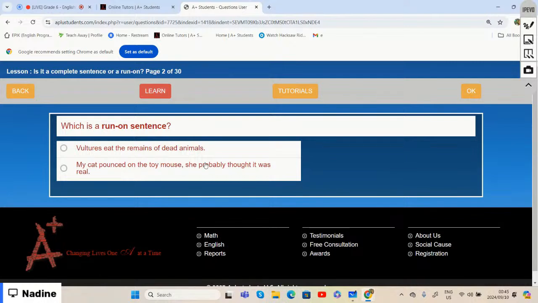Vultures eat the remains of dead animals, or my cat pounced on the toy mouse. She probably thought it was real. We need to say which one is a run on sentence.